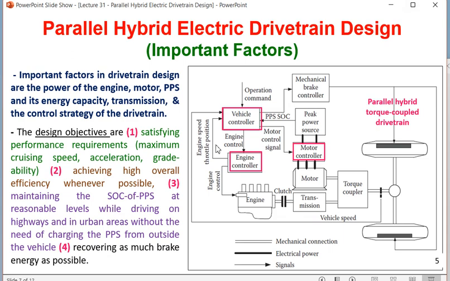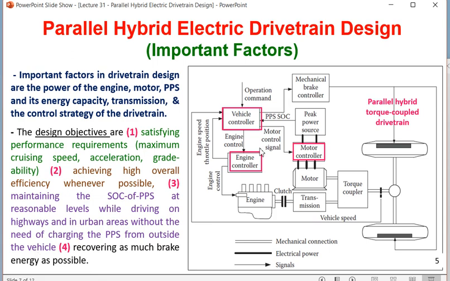Hence this third point, maintaining the SOC of the PPS, always we shall try to keep it above 70% at least. So lowest should be 70, highest should be 100. Always we have to keep this peak power source in fully saturated 100% SOC mode, while driving on highways and in urban areas without the need of charging the PPS from outside the vehicle.